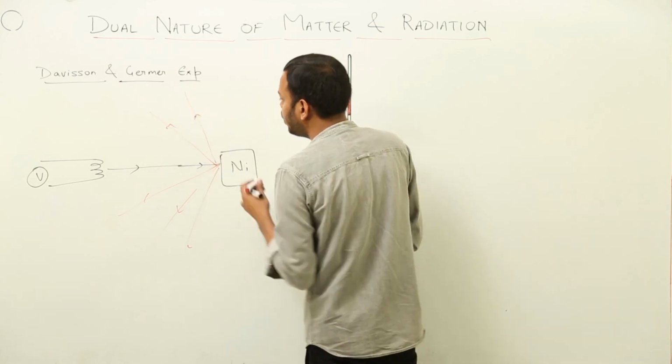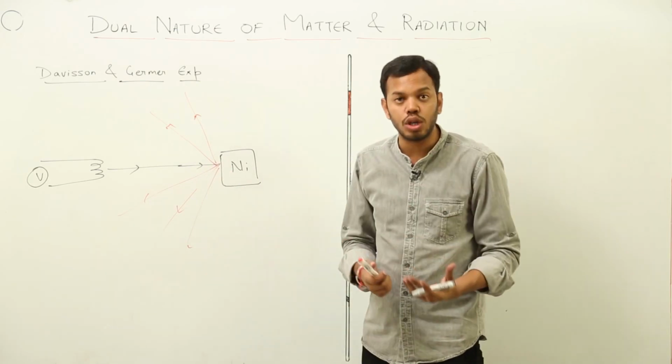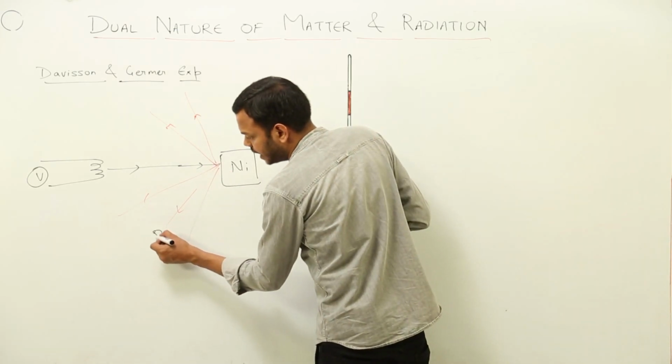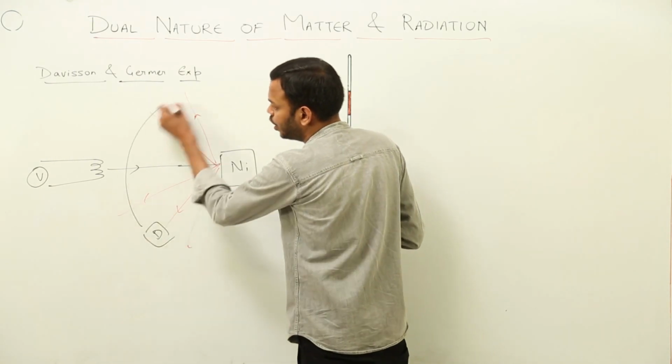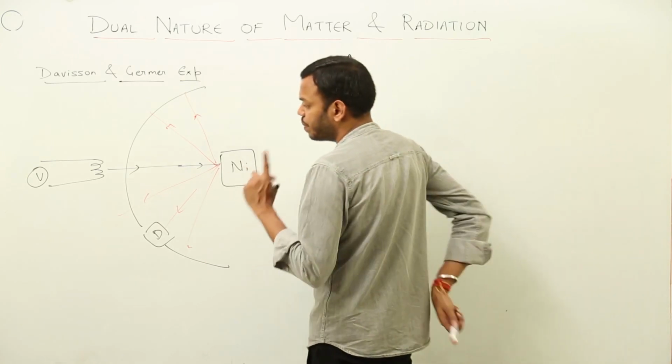In order to see how these reflected electrons behave, they placed a detector D which was built to move in this path, and it was measuring two things.